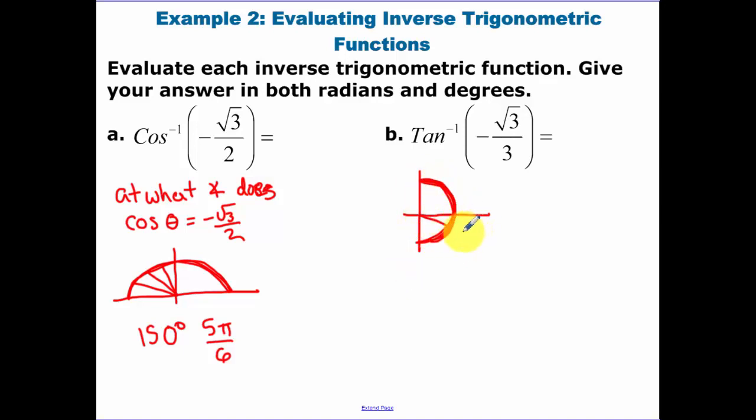So this angle over here is negative 30, this angle here negative 45, negative 60, negative 90. All of these are the negative angles. So at what angle is the tangent negative root 3 over 3? That's going to be at negative 30 or at negative pi over 6.